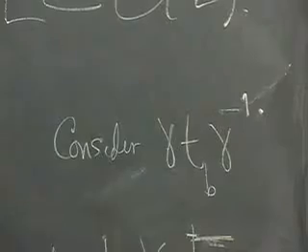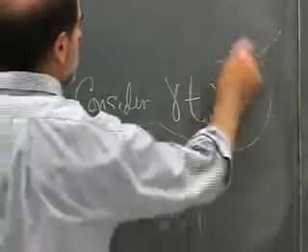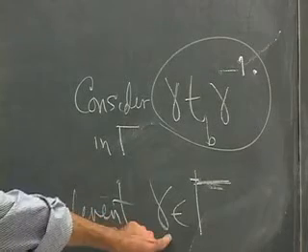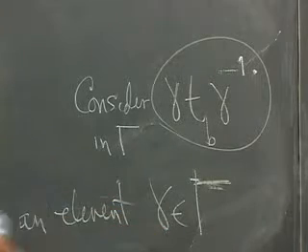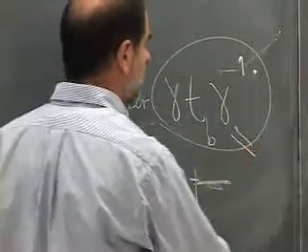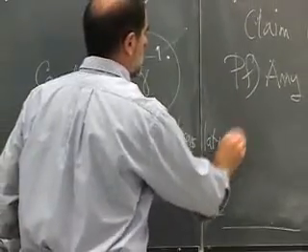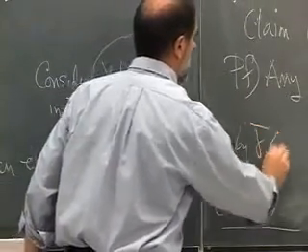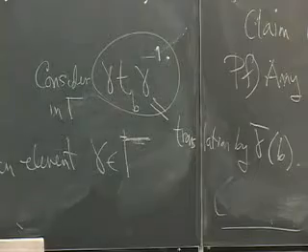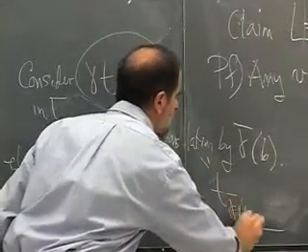So it's another translation. This is an element in gamma because it's the product of three elements in gamma. This element, and the inverse of this element. And our general formula for conjugation shows that this is translation by gamma bar of B. Namely, this is T of gamma bar of B.